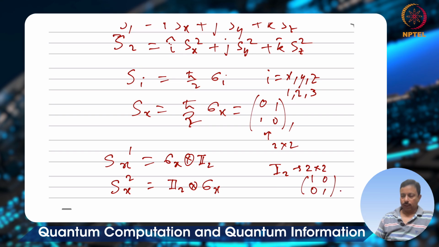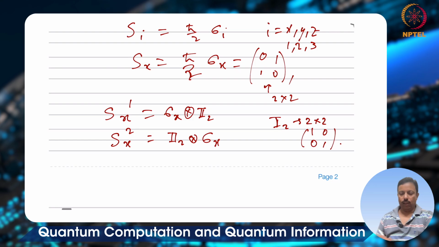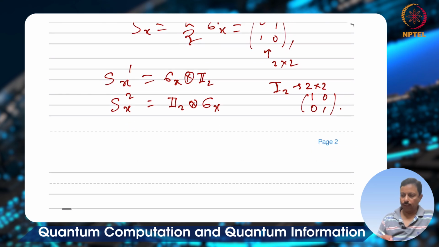All right, so now let's generate Sx1. If we want, we can set h bar equal to 1. So let us set h bar equal to 1, become like particle physicists.